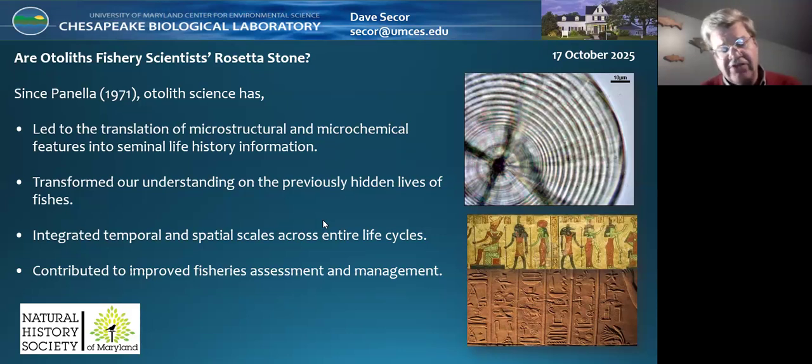So otolith science is taking us into small streams and rivers and estuaries and bays and entire ocean basins. And also we're looking at larvae and juveniles and adults. So it's really a very nice tool for integrating across large dimension scales. And then finally, it's contributed to improved fisheries assessment and management.